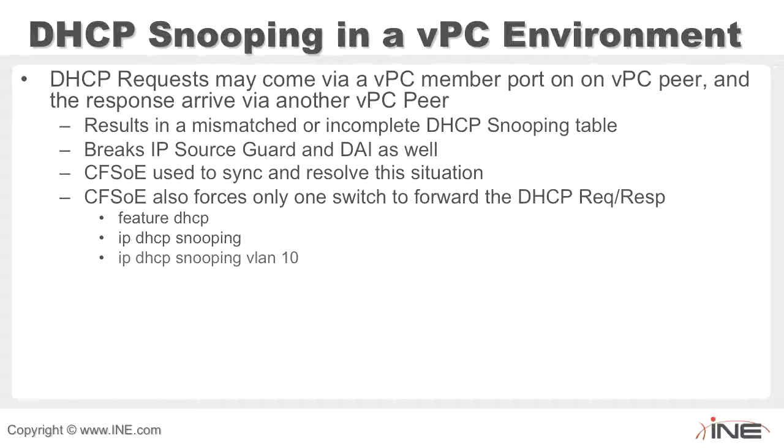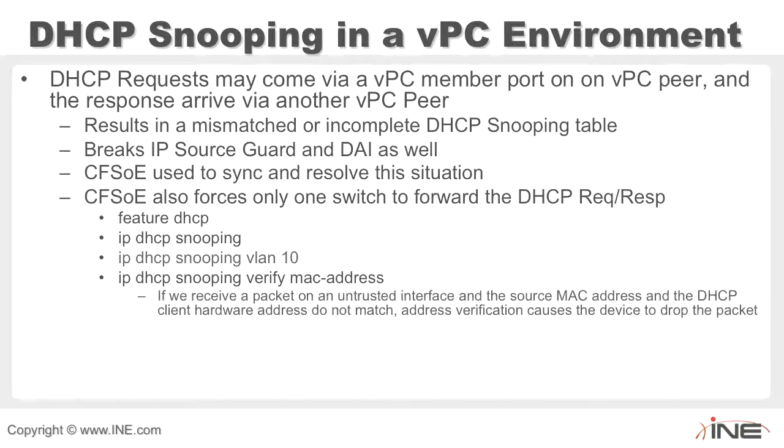CFSoE is going to make sure that only one of the switches forwards the request response, and then it's going to synchronize the VPC secondary to have the same snooping binding database. So if we do a show ip dhcp snooping binding command on either VPC peer member, we will see the same database. Optionally, we have the ability to run ip dhcp snooping verify mac-address.